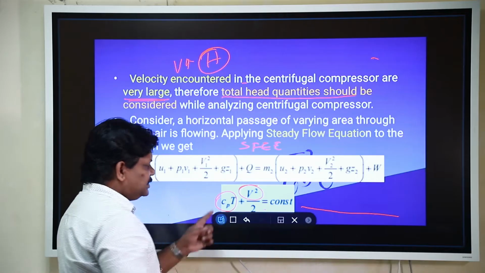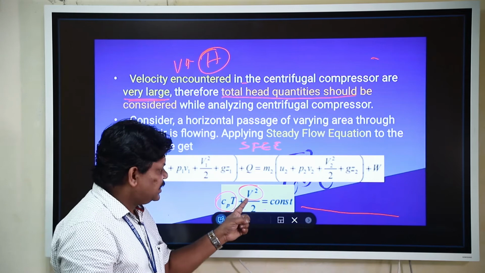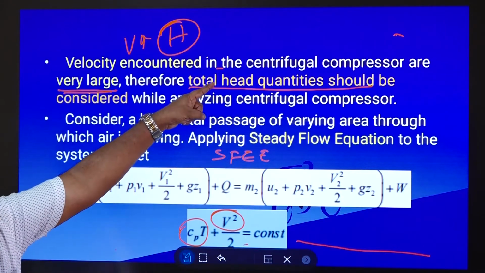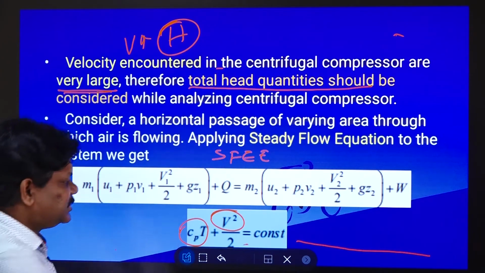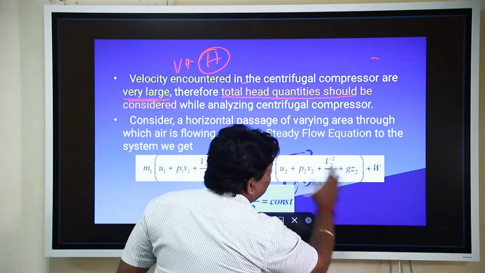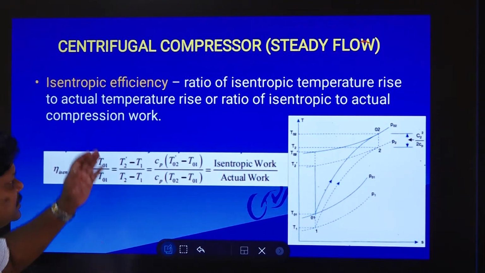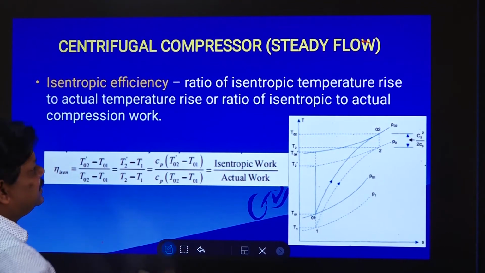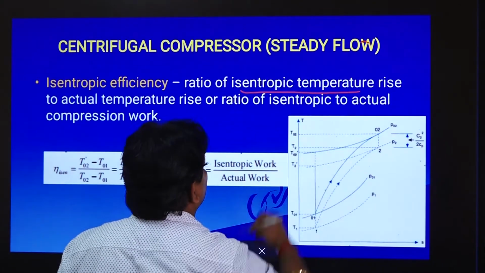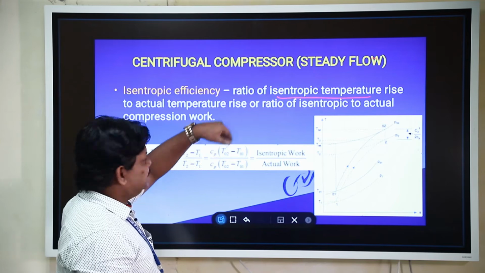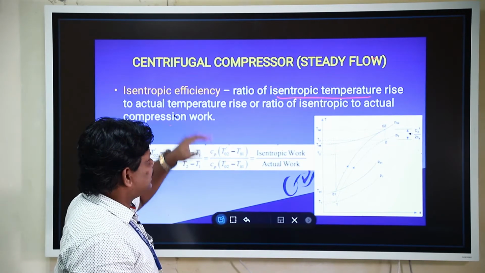Cp into T plus V square by 2 is equal to constant, the steady flow energy equation for centrifugal compressors. The isentropic efficiency is the ratio of isentropic work to the actual work, or the ratio of isentropic temperature rise to the actual temperature rise.